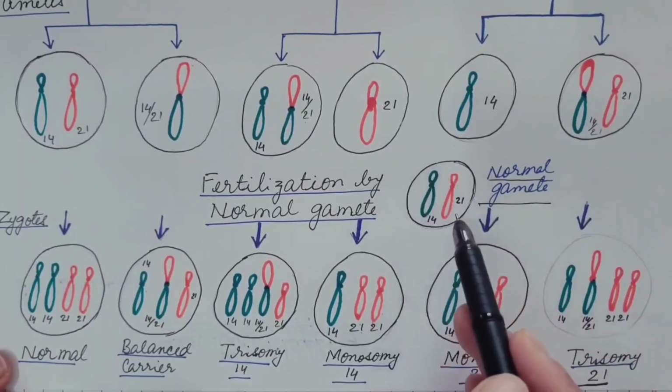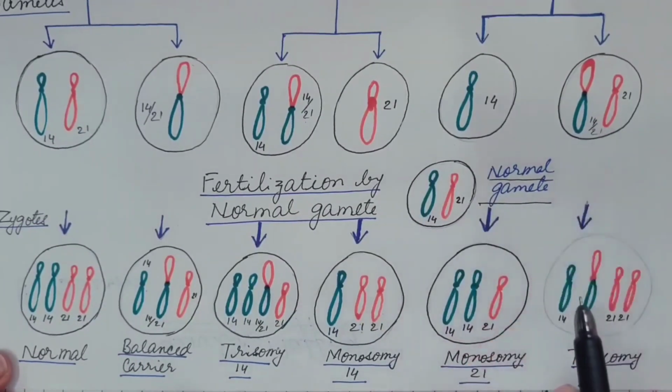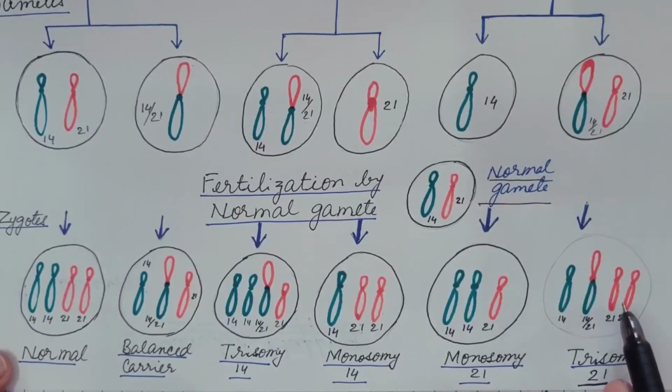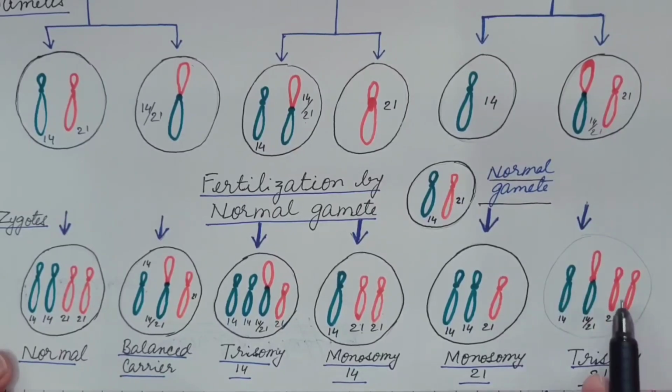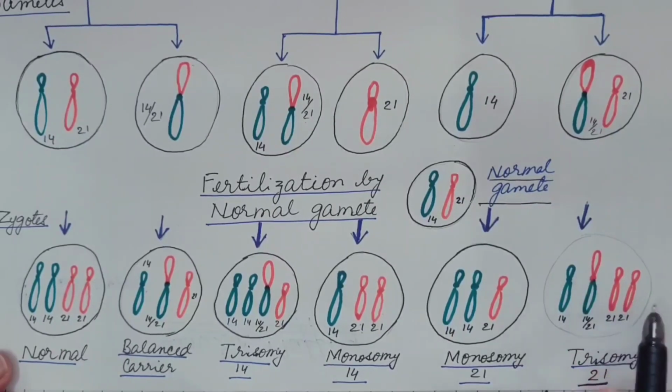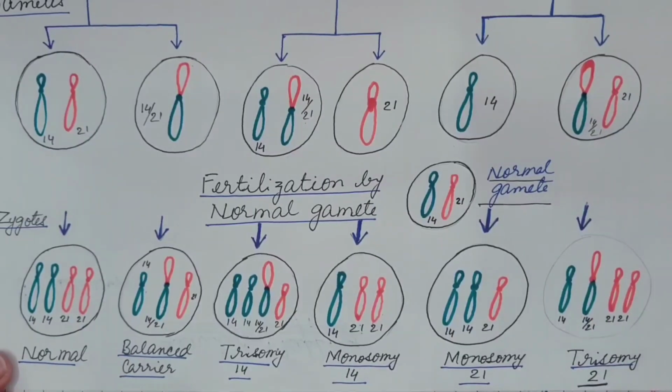If this normal gamete fuses with this gamete, there will be 1 copy of the normal chromosome 14, 2 copies of the normal chromosome 21 and 1 copy of chromosome 14 by 21. Thus there will be 2 copies of chromosome 14, 3 copies of chromosome 21. That means 1 extra copy of chromosome 21 is present.